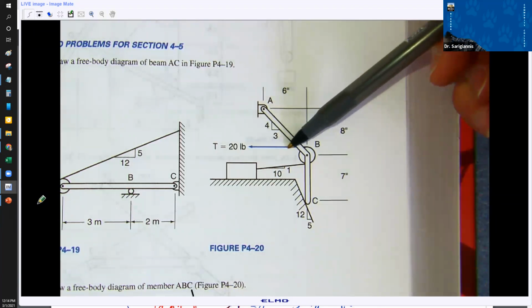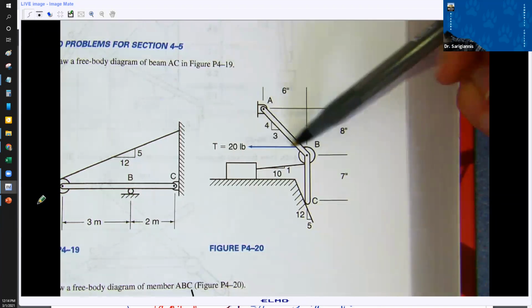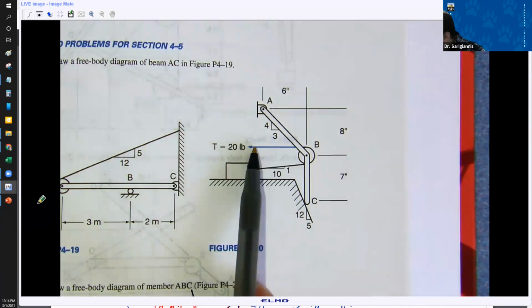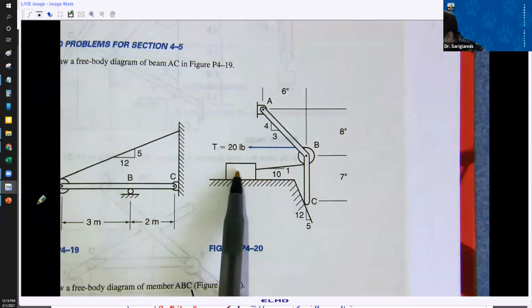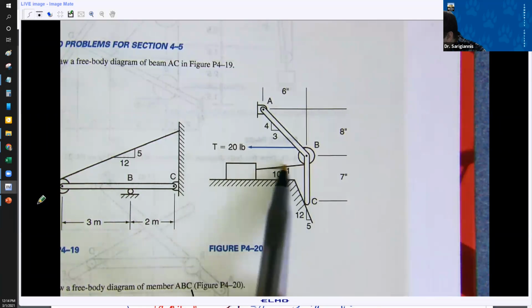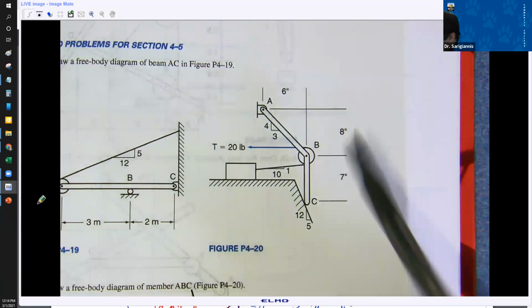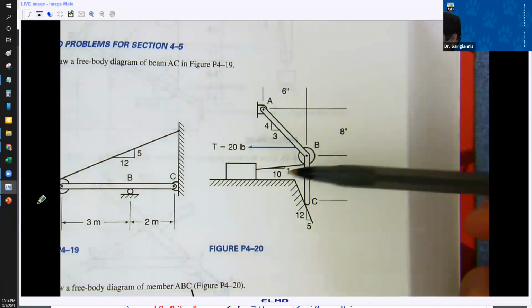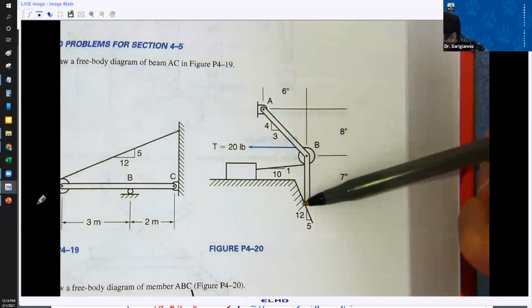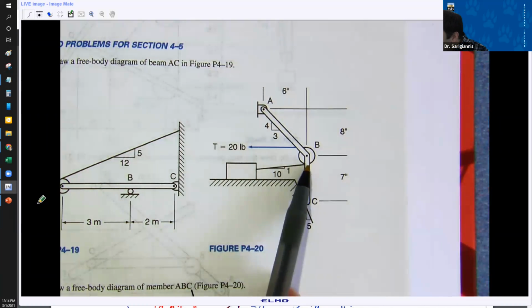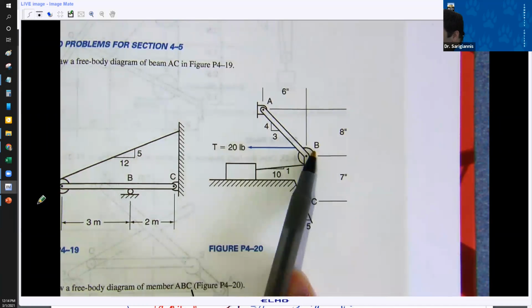There's 20 pounds acting in this direction, basically straight across from B. There's also, because tension in a cord is continuous, 20 pounds acting at this slope of 10 to 1, but it's acting in the direction to the left on this structure. This structure is being pulled in this direction by two tension forces, right?